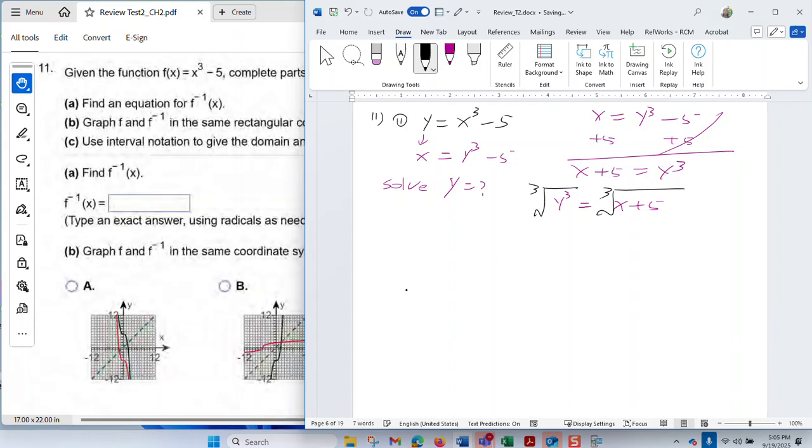So the cube root and the cube will cancel out, and you will get y equal to cube root of x plus 5. And then we write down that this is the inverse. So the inverse of f of x will be cube root of x plus 5.